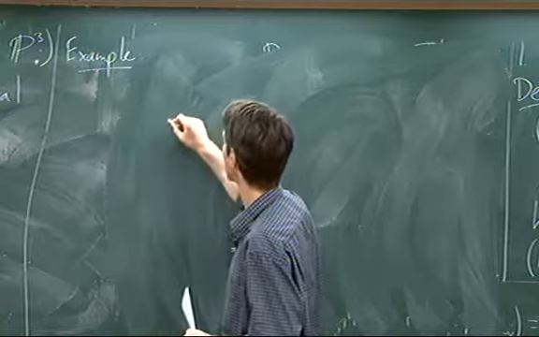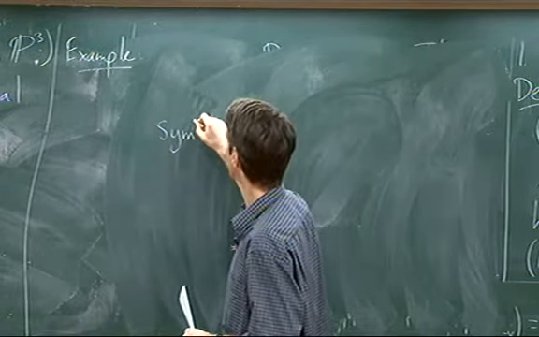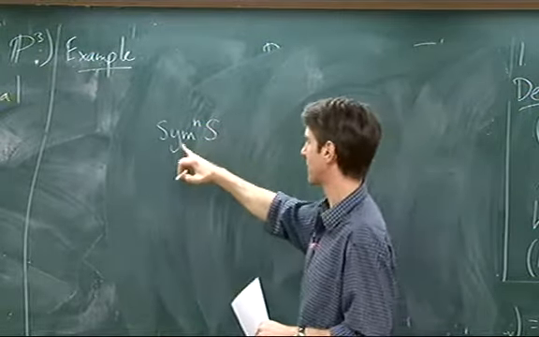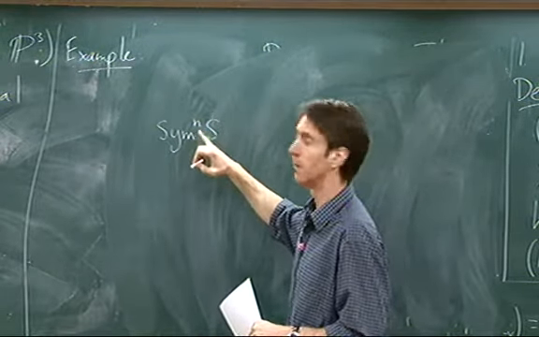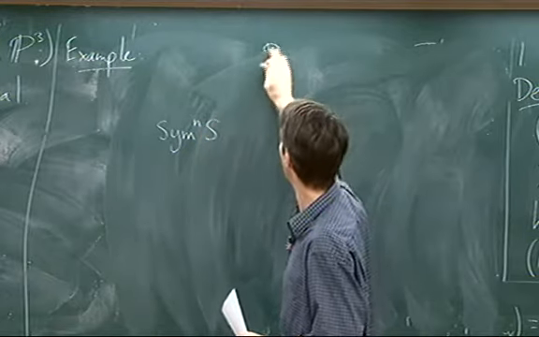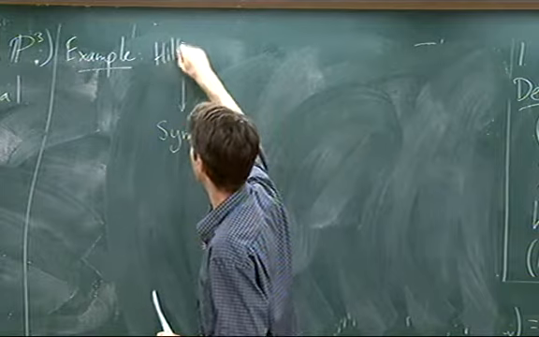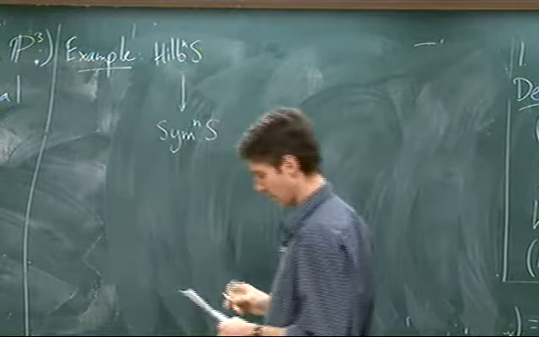But if I take a symmetric product, then it's almost what we want, except this will have singularities along the diagonal. But there's a sort of canonical resolution of these singularities, what we call a crepant resolution, which is the Hilbert scheme.